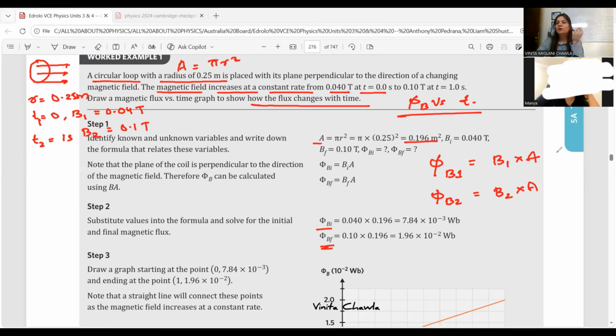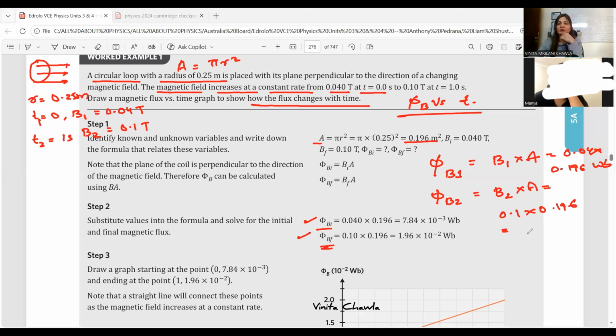Now we just have to put the values here to get the corresponding magnetic fluxes. In the first case, it is 0.04 Tesla, so we'll write 0.04 multiplied by the area, 0.196. We'll get our answer in Weber, because magnetic flux is measured in Weber. In the second case, again, B2 is 0.1 and the area is 0.196.